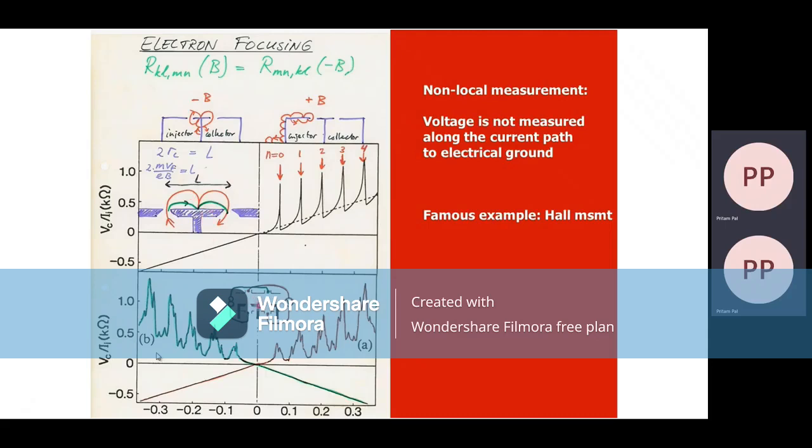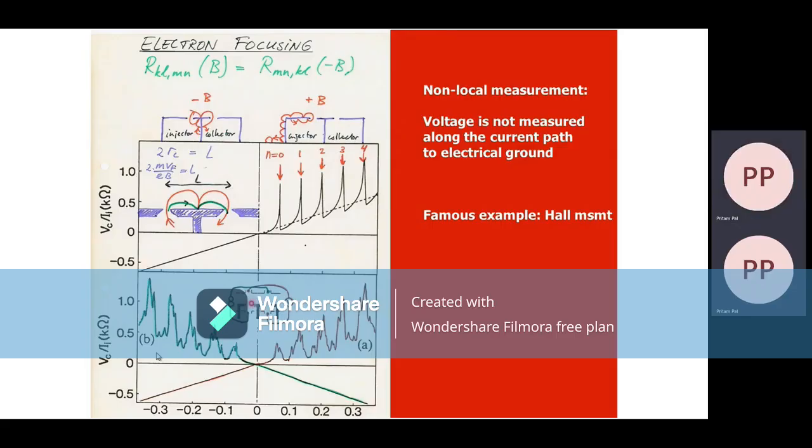For example, along the green path that you can see here, the current is applied from this region, and the voltage is measured from this contact to this contact. These two contacts are pinched, so they are very narrow, and this is a non-local measurement geometry.